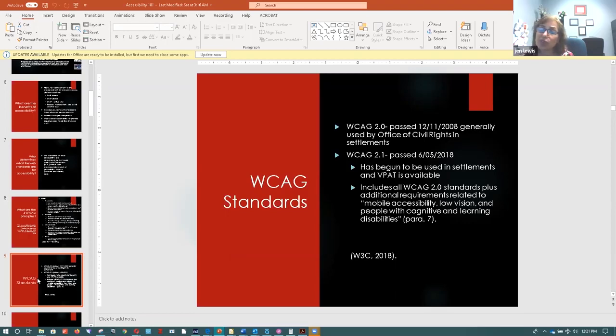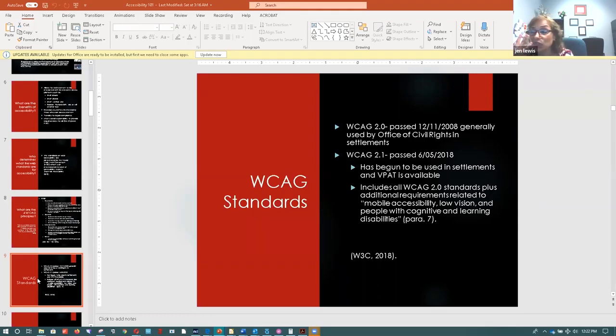The standards also include additional requirements related to mobile accessibility, low vision, and people with cognitive and learning disabilities. That's a 2.1 standard. So that's the difference. The 2.1 standards include the 2.0 standards, plus they also have the additional 2.1 requirements on accessibility for phones, low vision, because that's become a big thing.